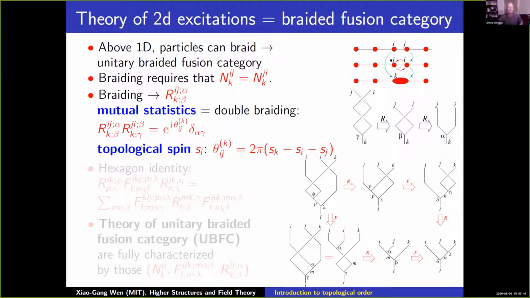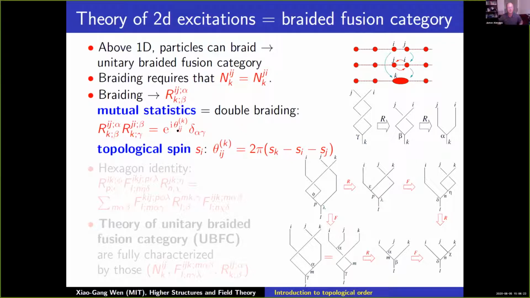Sorry, Xiao-Gang, why do you restrict this product of our matrices to be only a phase factor? Why can't it be some more complicated matrix? The reason is that i and j are assumed to be simple objects, stable excitations. If they are stable excitations, this becomes just a phase factor.